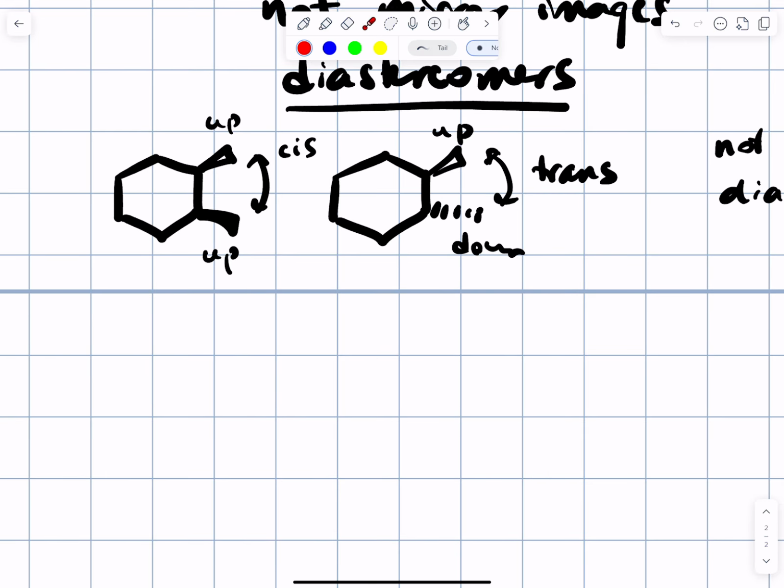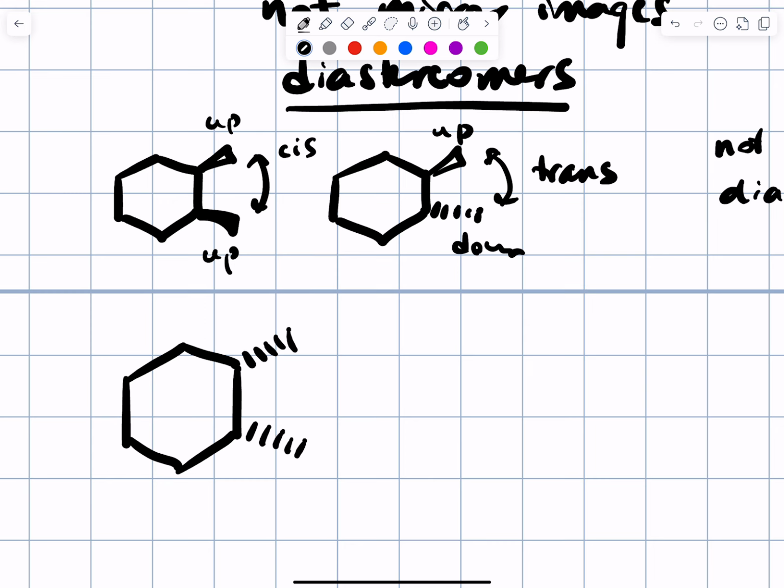So, classic example. With these, let's just look at this one. I could redraw that molecule like that. And you might be tempted to conclude that they weren't the same thing, but they actually are.